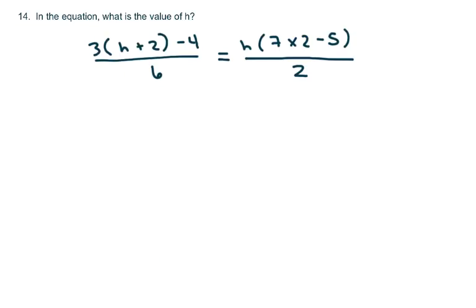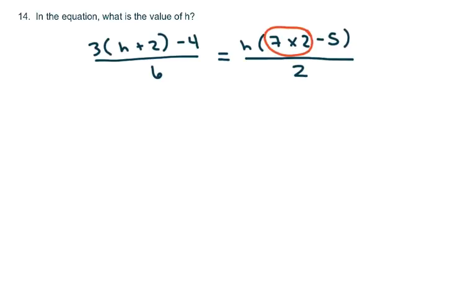All right. Here's another one that's considered medium, but all you're doing is solving for x, solving for h in this case. And so maybe just figuring out what the first step is. So basically what I'm going to go ahead and do is take care of these parentheses here.